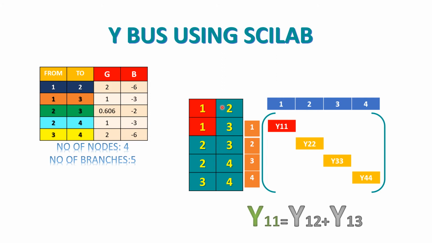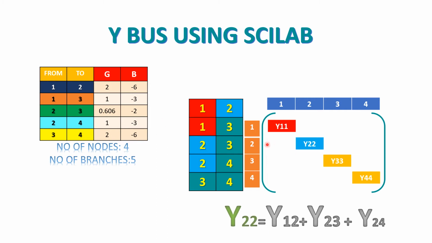That means 2 elements are connected. So what are the 2 elements? 1 2 and 1 3. That means the 1 2 corresponding admittance plus the 1 3 corresponding admittance. If both are added, we are going to get this value Y11.